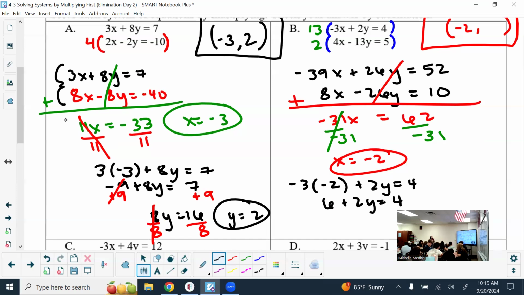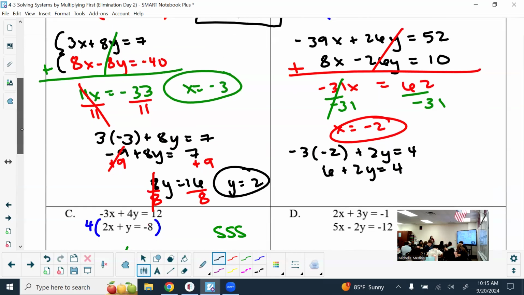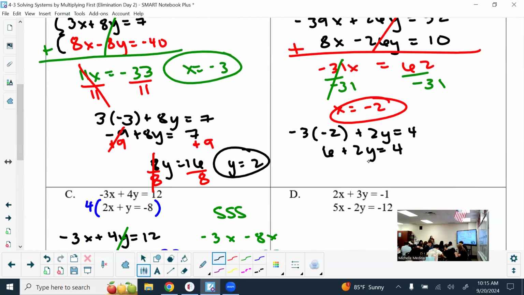And now it's a two-step equation. Start with what's farther from the y. How do I eliminate the 6? I get 2y equals 4 minus 6.